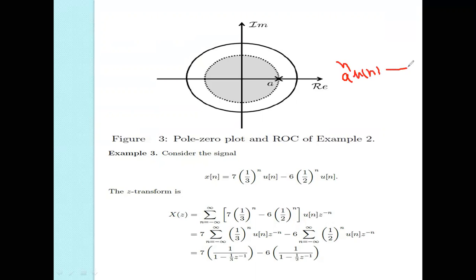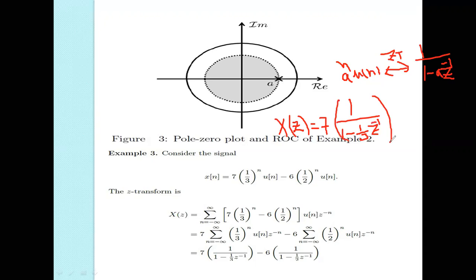So what is a power n u of n? What is the Z transformation? 1 by 1 minus a z inverse. What is the a here? 1 by 3. So the transformation of the given signal X of z is, using this a power n u of n, I'm directly writing here, 7 is a constant, 1 by 1 minus 1 by 3 z inverse, minus 6 is a constant multiplication factor, a power n u of n.